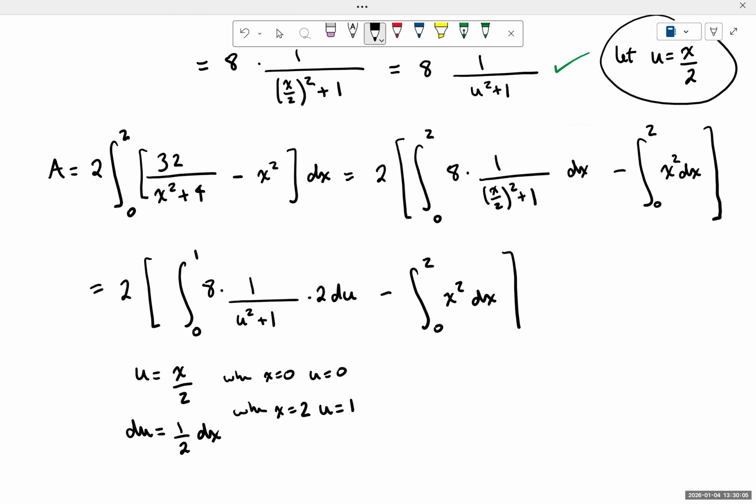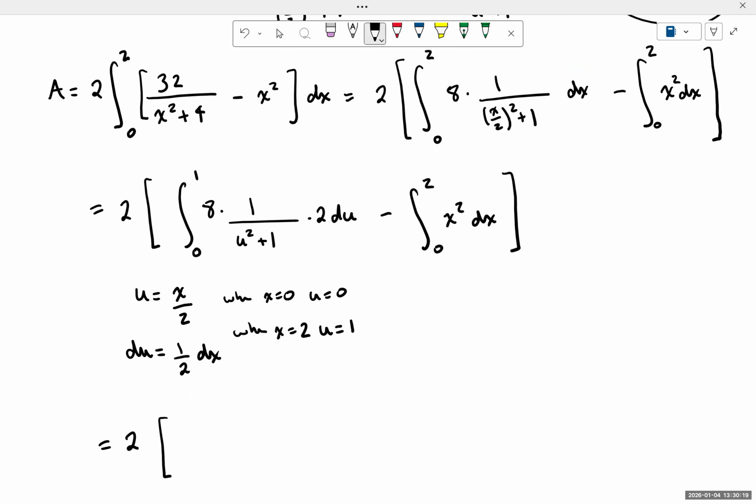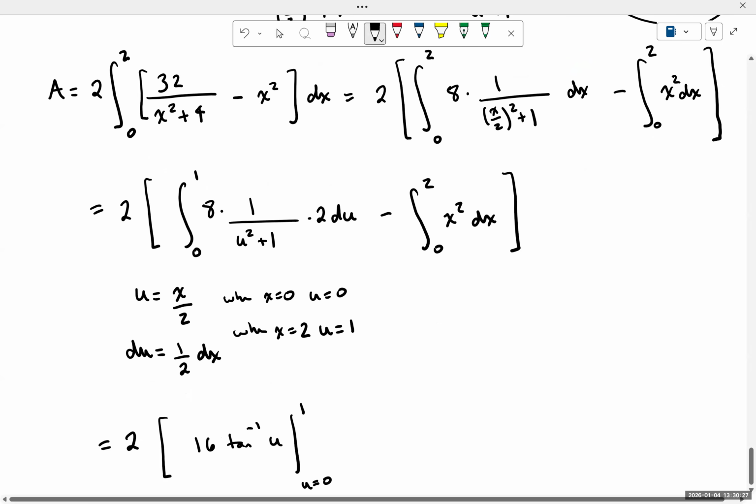Okay. Now, the first one is super easy now because I'm not even going to rewrite it. This is 16 times this guy, which is just going to be inverse tan of u. So I have 16 inverse tan of u going from 0 to 1.